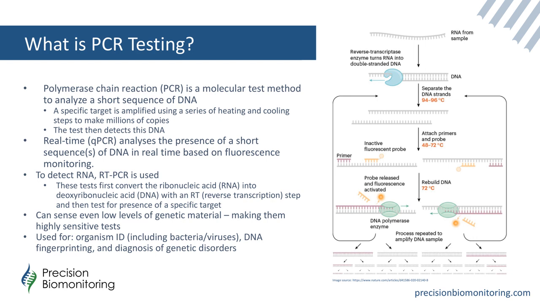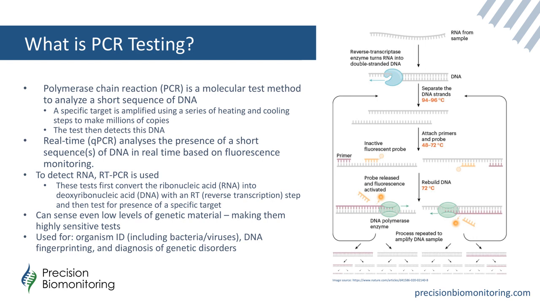PCR essentially makes use of enzymatic function to copy a specific target, and that target is identified using what are called primers, a term we're going to be using throughout the presentation. The two primers flank the region of interest, and they're specific to the target you're looking for.